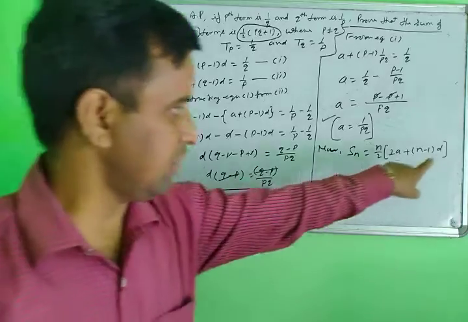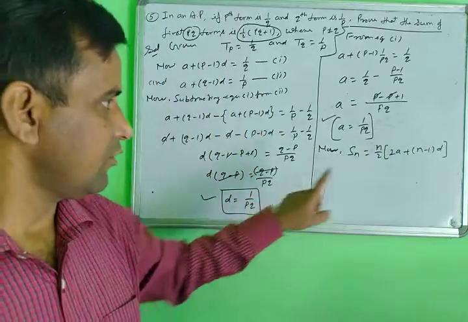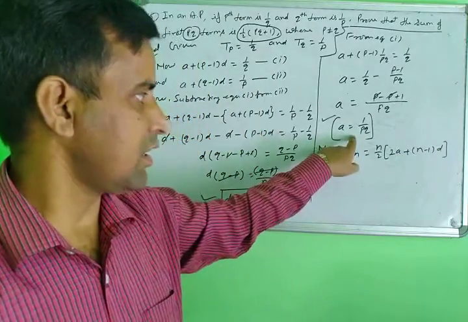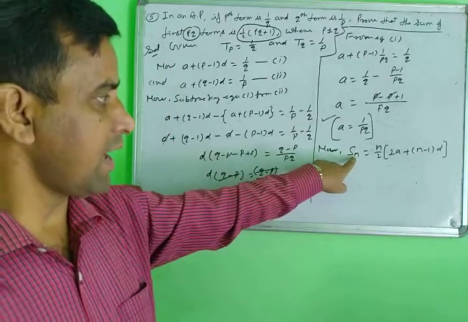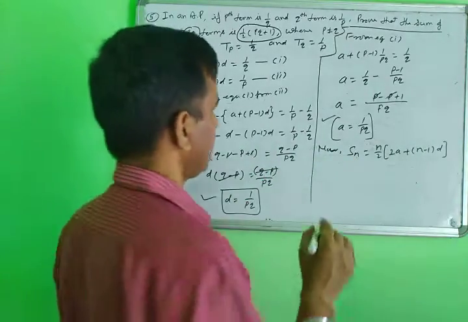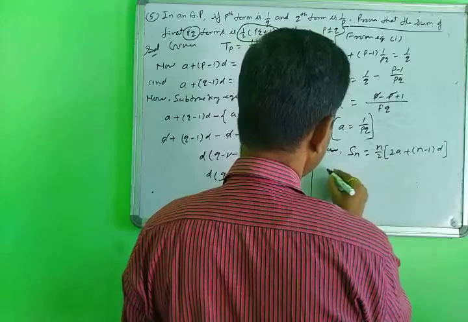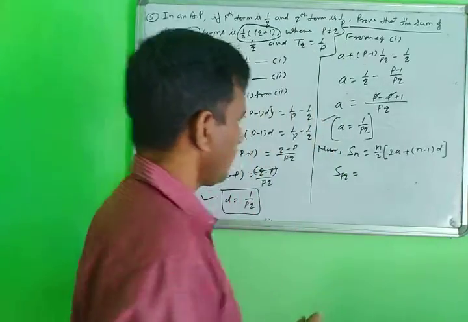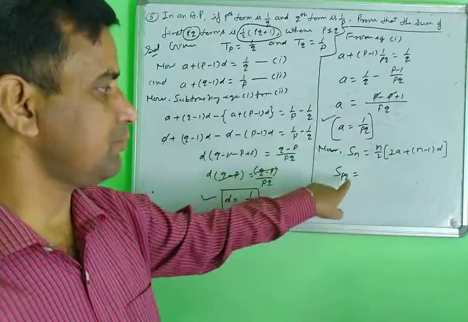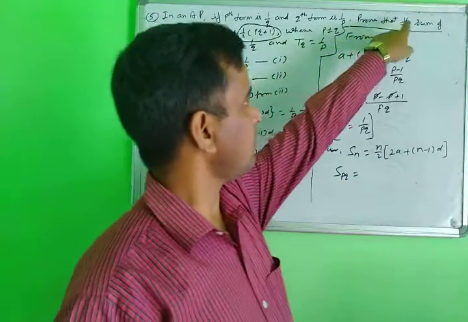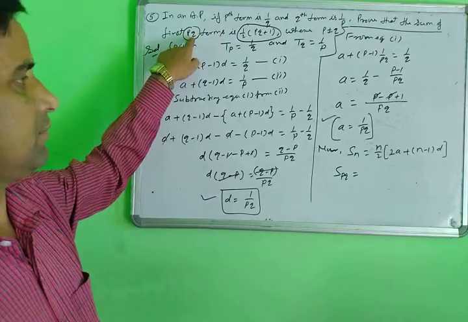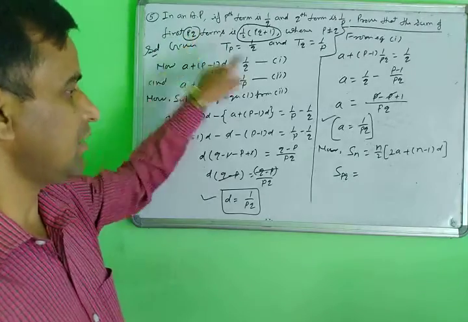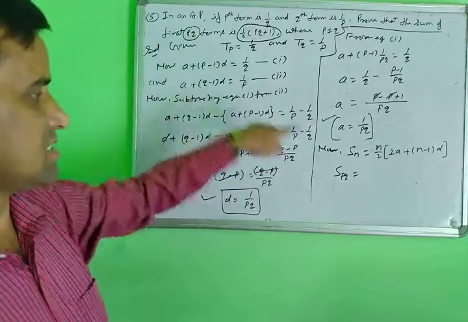You have got the value of d and the value of a, and the value of n means pq, because here we prove the sum of pq terms. In the n place you put pq.